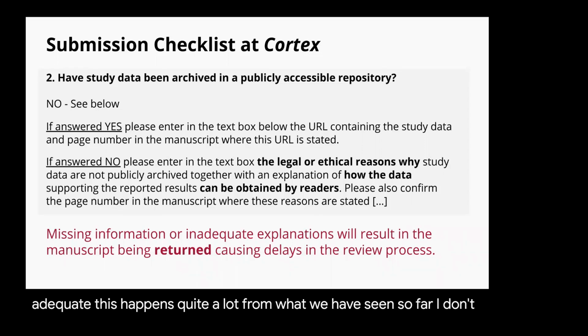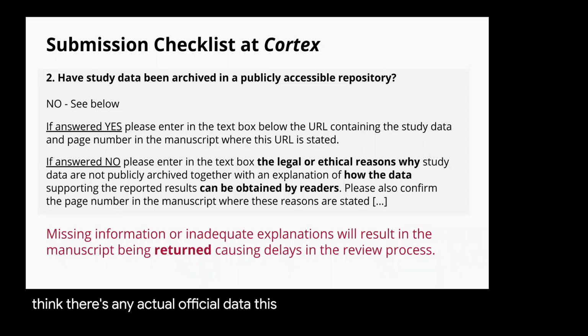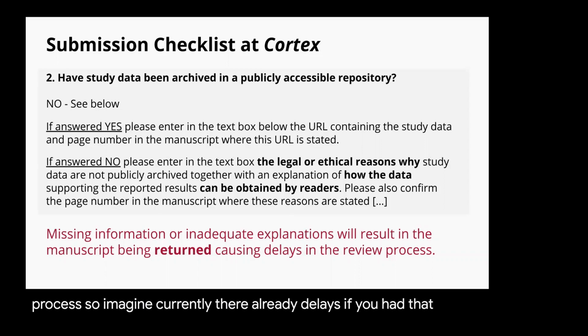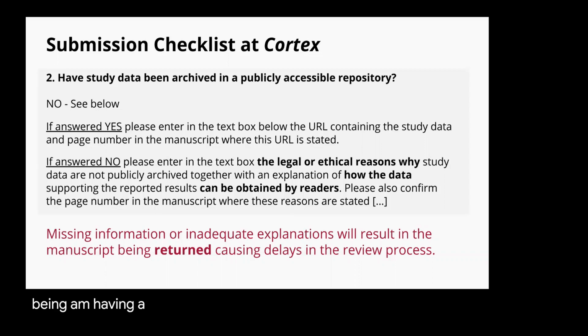I don't think there's any actual official data on this, but when it happens, the manuscript will get returned, which causes further delays in the review process. So imagine currently there are already delays. If you add that to having a manuscript returned because you forgot to add a URL or explain why the data are not available, it's a real shame for both the authors and the editors.